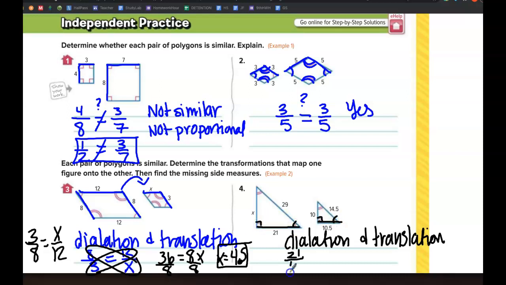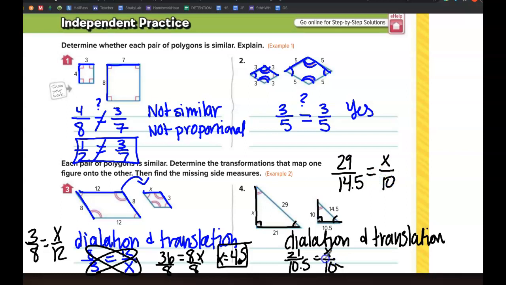So I'm going to use 10.5, and that should equal my other side length of x over 10. Now, if you were to set up a different proportion, maybe you did 29 over 14.5 is the same as x over 10, you would still get the same answer that I do.